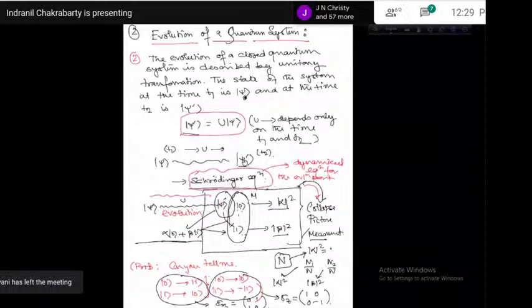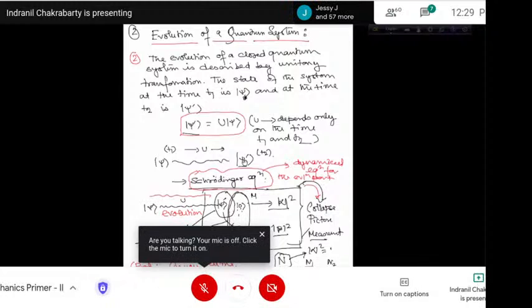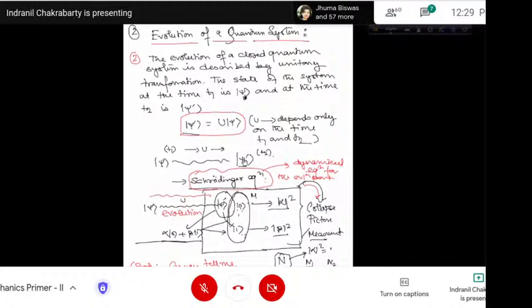There are two pictures associated with quantum mechanics. One is the evolution picture, which tells you how the state goes from one particular state to another. The other is the collapse picture, which is the measurement. For example, psi is undergoing evolution with the unitary operator U and getting to psi prime.